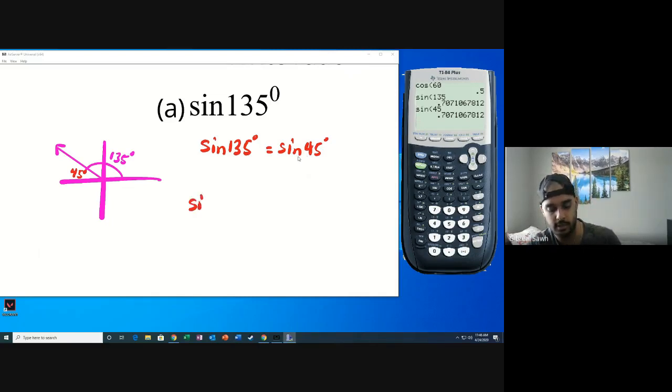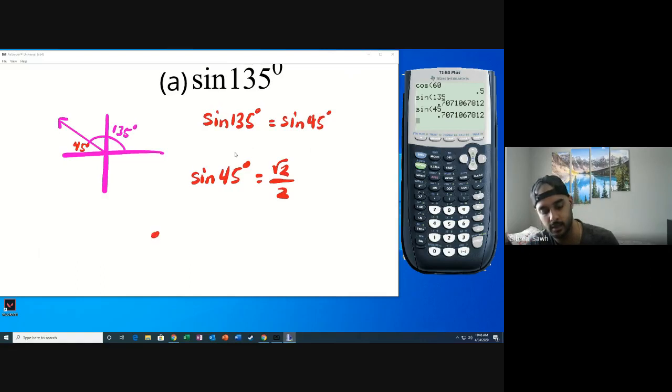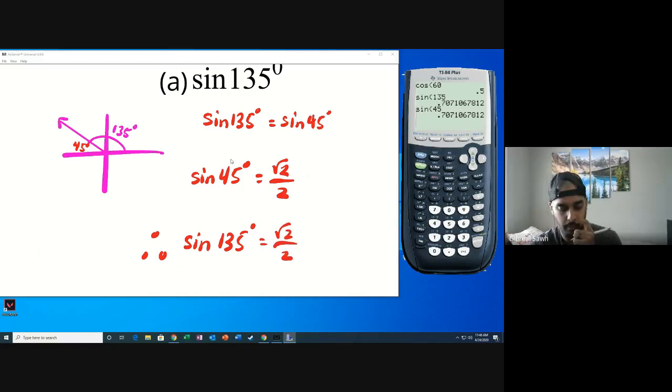So that means the sine of 45 degrees is going to be root 2 over 2. And I'm basically done. I was asked for the sine of 135. Since I know sine 45 is equal to that, now I can say, so therefore, sine of 135 degrees is equal to root 2 over 2. Okay, as long as I remember those special triangles, my work's pretty much done.